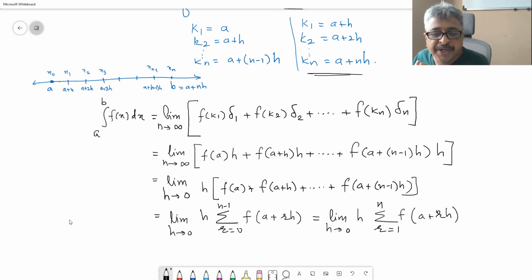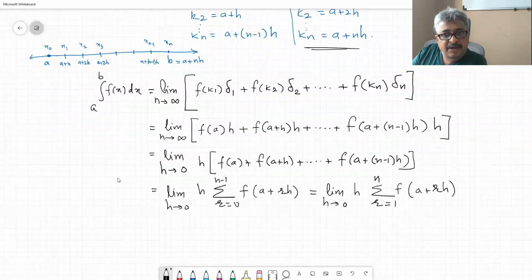That also we can do, and we can do it like that. So this is a working formula, because the interval width is the same and the point which is chosen for evaluating the function is the extremity of that interval.